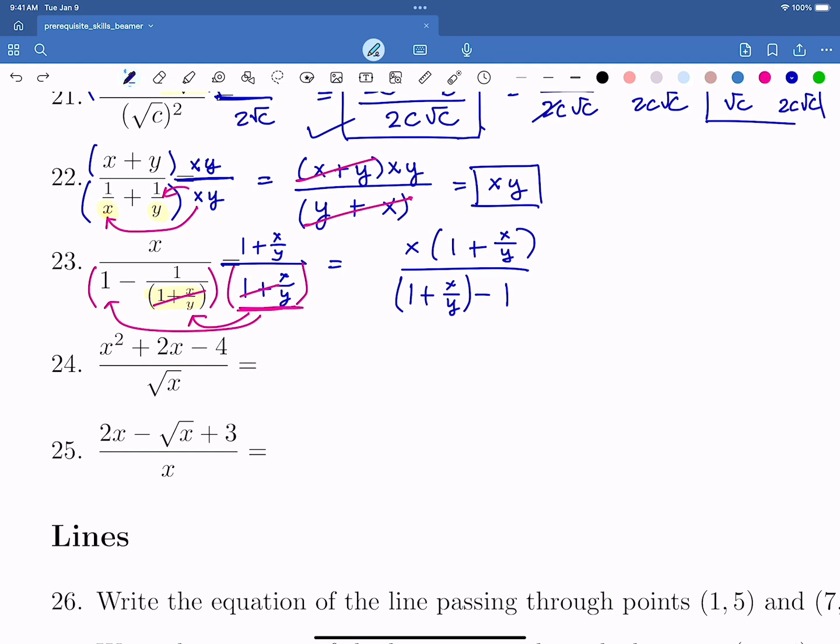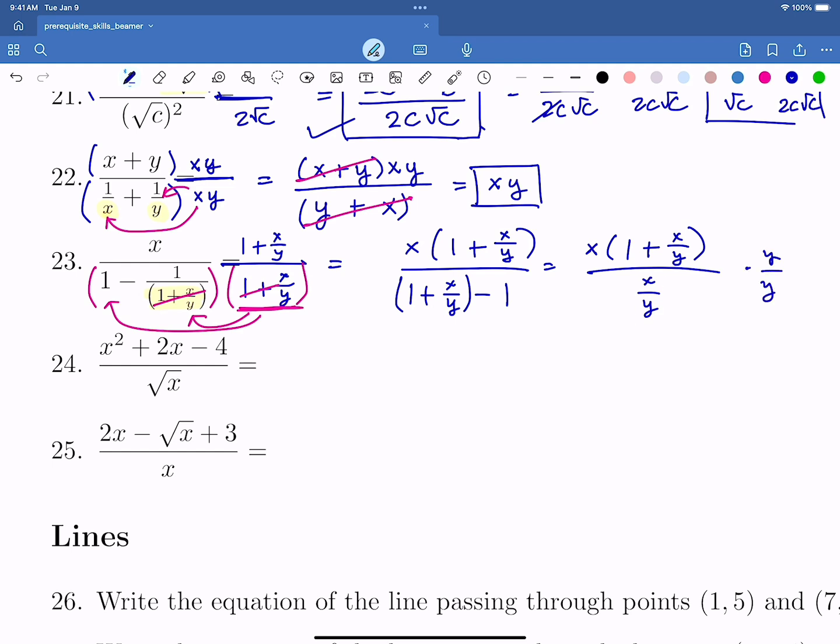I can see in my numerator x times 1 plus x over y. In my denominator, I have 1 plus x over y minus 1. So the 1 minus 1 is 0. This is just over xy. Now I could use the same strategy I've been using and multiply by the least common denominator, which is y, so I could multiply by y over y.